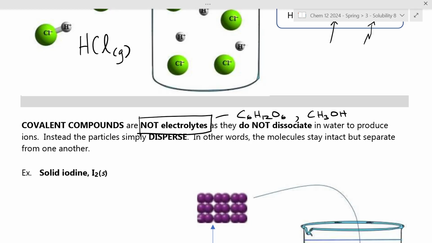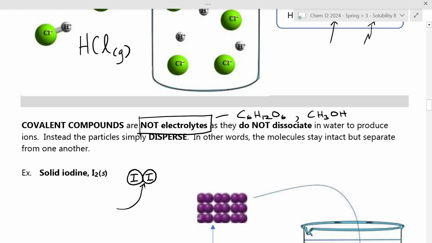Okay? So if we look at some solid iodine, I2, we have an I atom stuck to another I atom, which makes an I2 molecule.